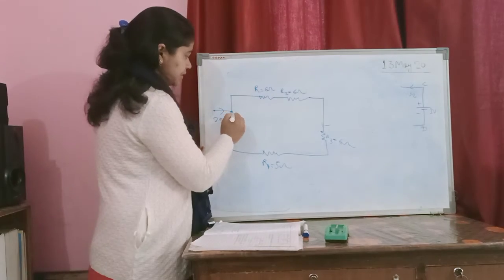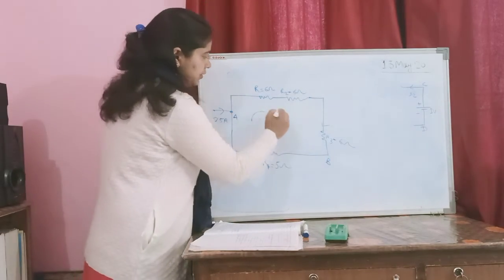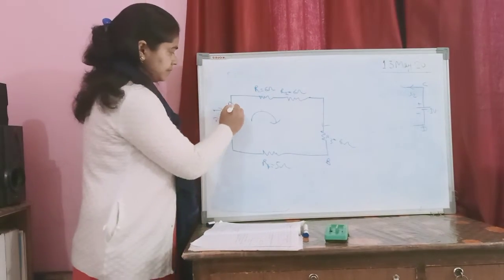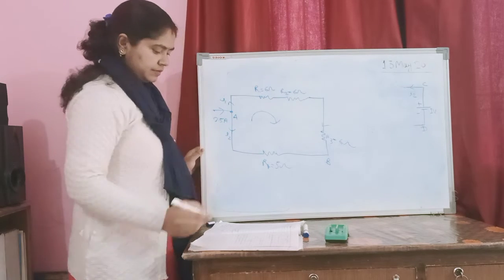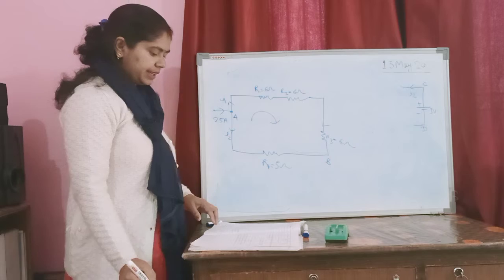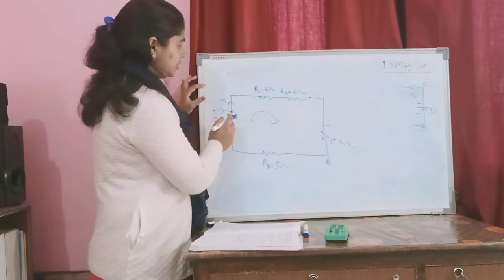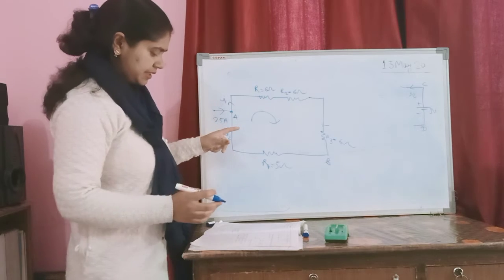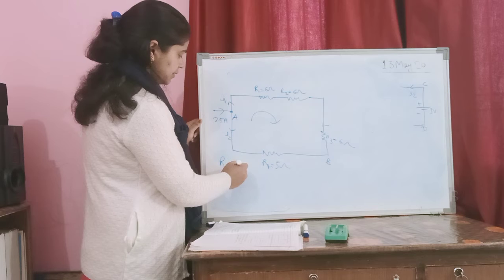Here are the two terminals A and B. The current is flowing along this direction. We have to find in this circuit the total resistance, the equivalent resistance between A and B, R equivalent equal to what?